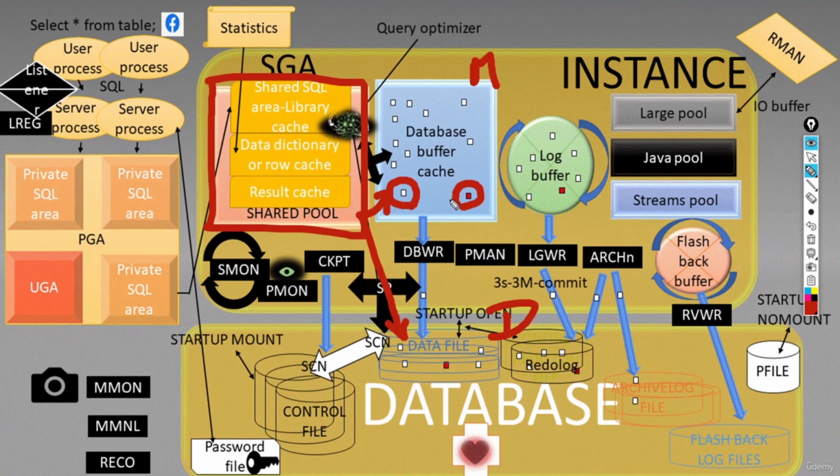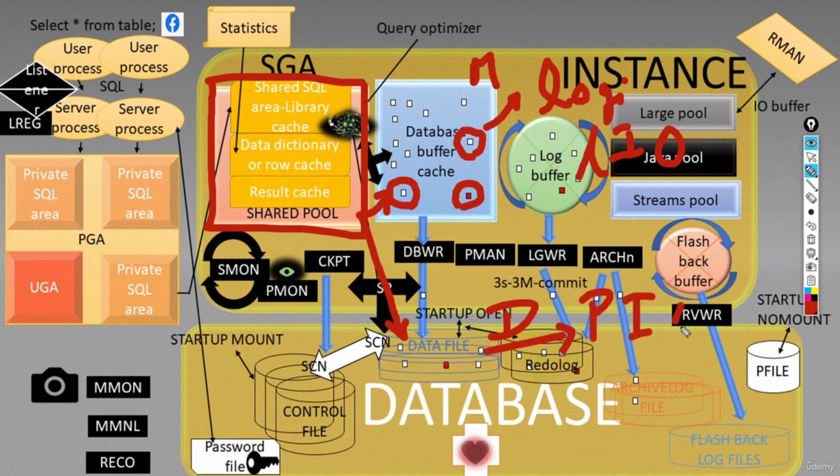If the data is already residing inside the buffer cache, it is called logical IO or LIO. And if the data blocks are not residing in the buffer, and are residing in the data file, then all those data blocks need to be scanned from the data file to the buffer cache by the server process. This is called physical IO.